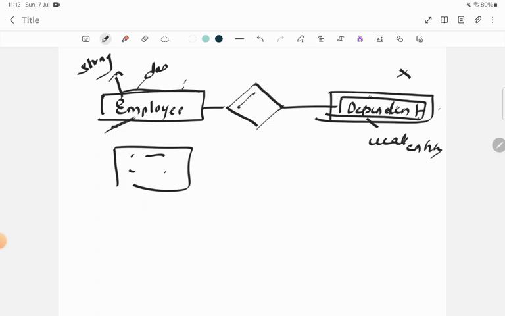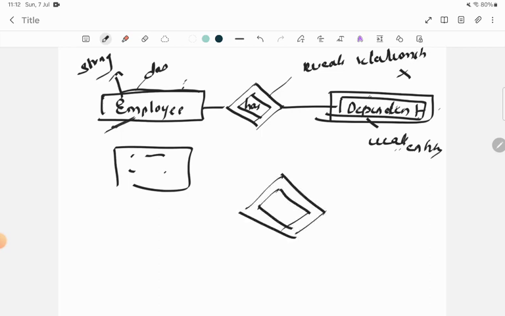The relation between a strong entity and a weak entity is always represented by a weak relationship. This weak relationship is represented by a double diamond shape. Remember, the relationship between a strong entity and a weak entity is a weak relationship.